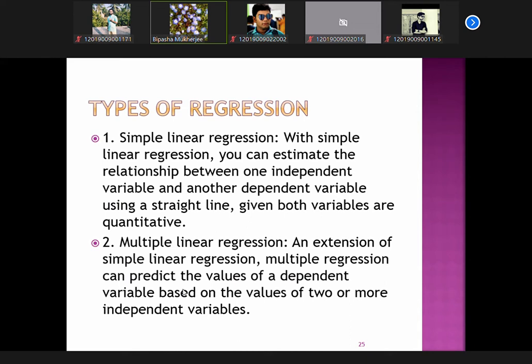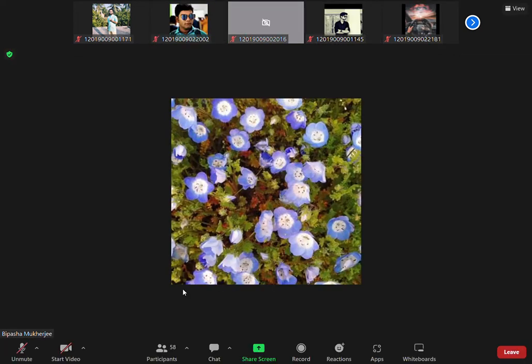But as it is a part of supervised learning, there are situations where what you are predicting exactly matches the result.